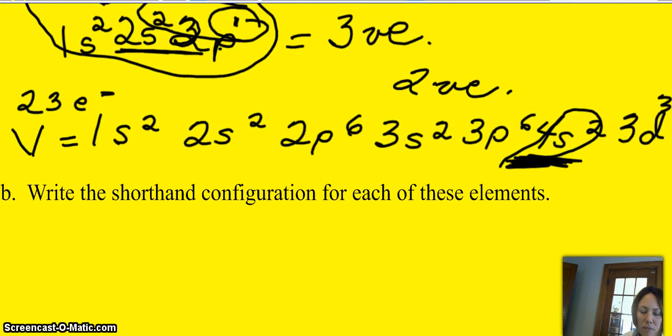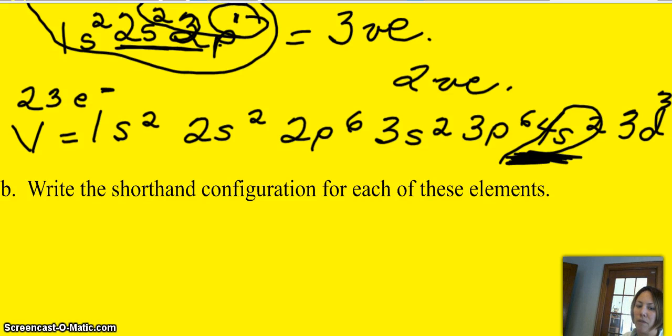Okay, now the shorthand notation's a little bit confusing. Let's look at vanadium. When you do the shorthand notation, like for vanadium, you look at the periodic table and you find the noble gas that comes before vanadium. So vanadium's 23. I want to go in the row before it. The noble gas is argon.